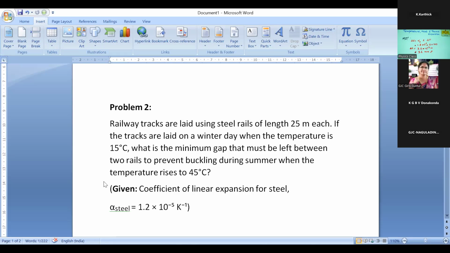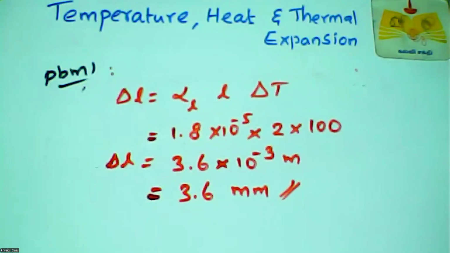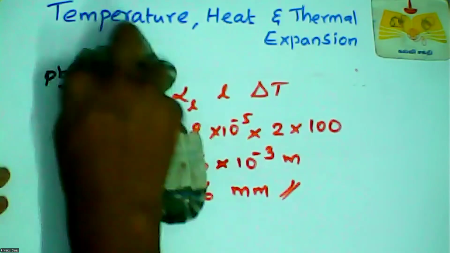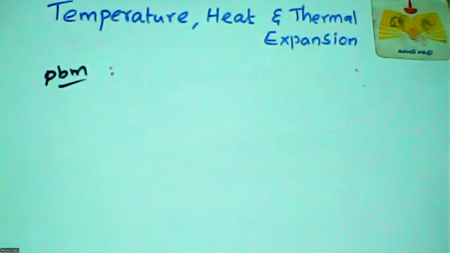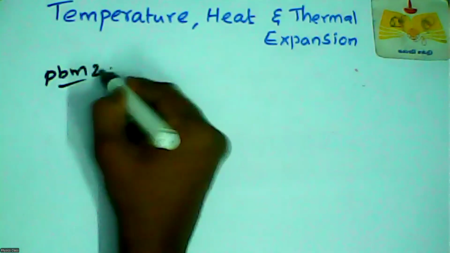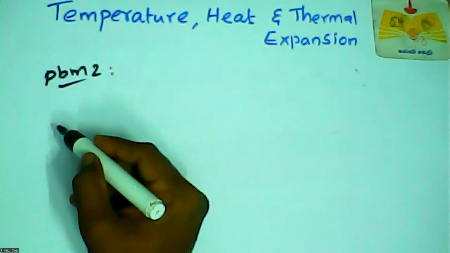So here, railway tracks are laid using steel rails, length 25 meter each. Winter day, the temperature is 15 degrees Celsius. On a summer day, the temperature rises to 45 degrees Celsius. So you have to find the minimum gap that must be left between the two rails. For this sum, we have the data.